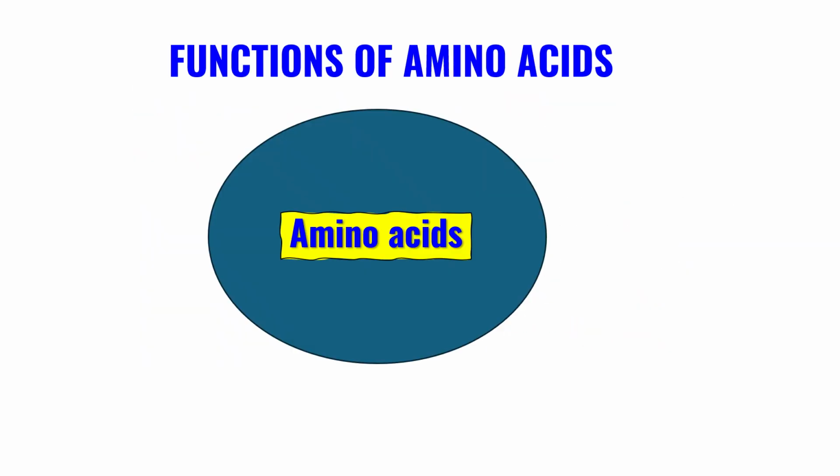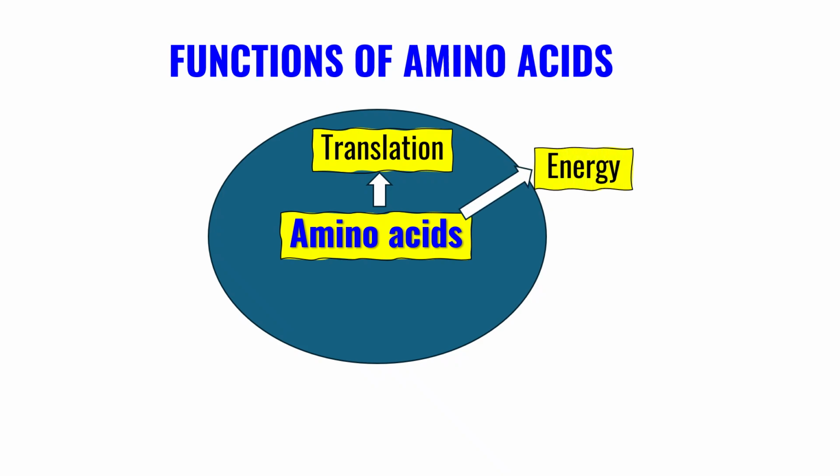So amino acids perform a variety of very important functions, including their major role in translation or protein synthesis, and in supplying energy to the body. Although they are not the major or preferred source of energy, about 10 to 15% of daily energy needs is supplied by these amino acids.